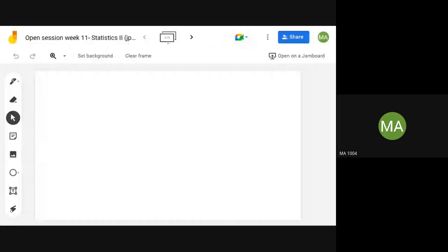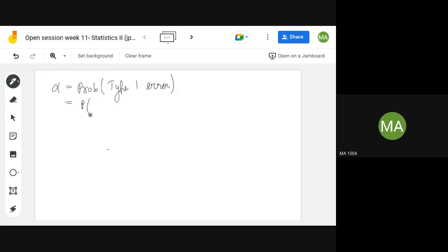Okay, so alpha is, you can see the screen, right? Yes, ma'am. Alpha is the probability of making type 1 error, and this is the probability that given H0 is true, you reject H0.